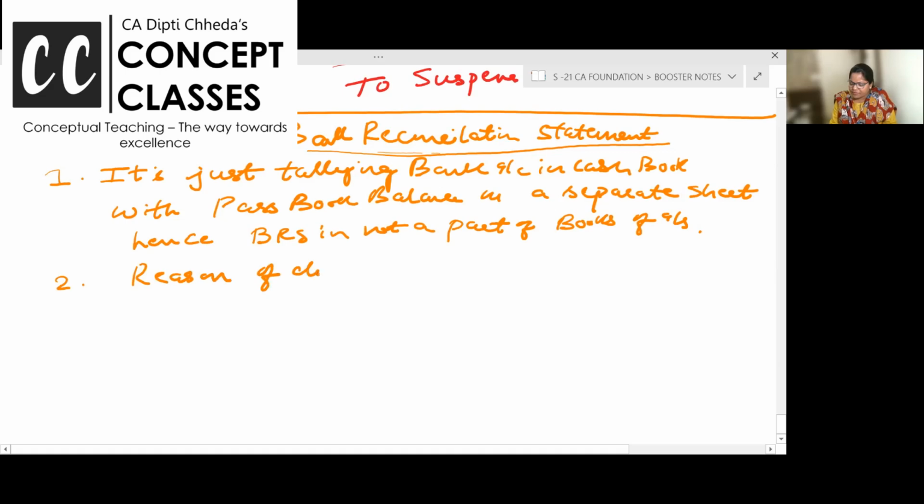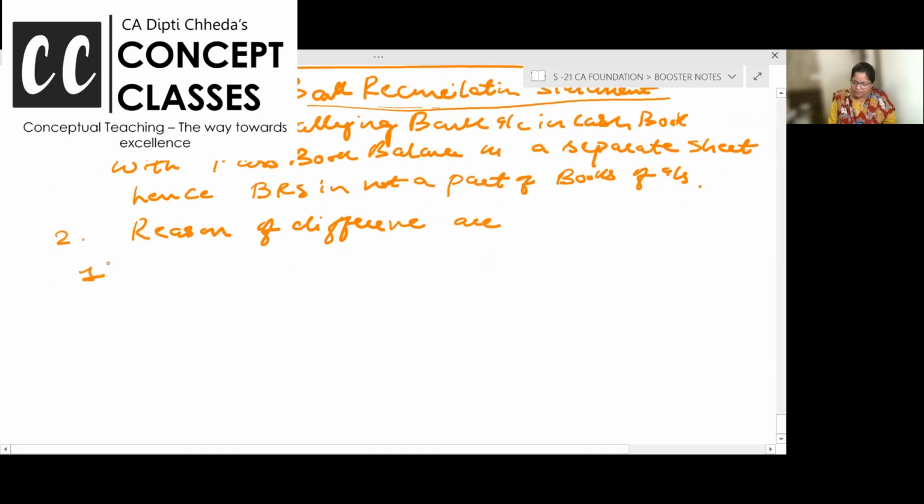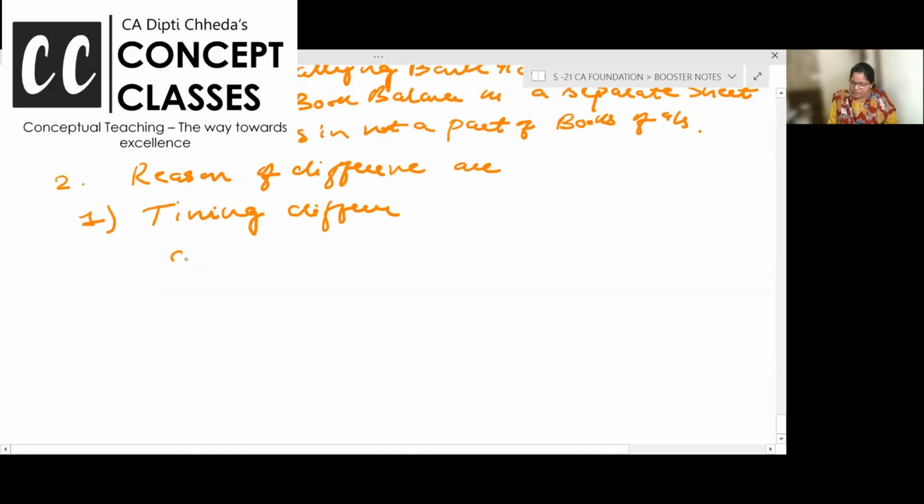Reason of difference. Treatment क्या करना है वो तो बाद में देखेंगे. First, the reason why there's a problem. Reasons of difference are: number 1, timing difference. In timing difference, you have popular reasons. Check deposited, but not cleared.